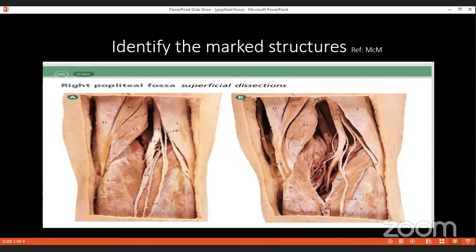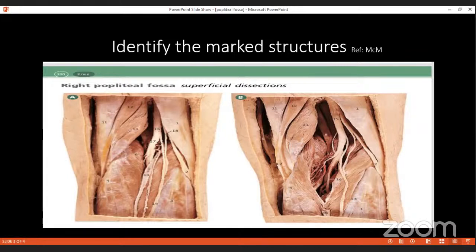Superiorly and laterally there is the biceps femoris, and superiorly and medially the semimembranosus and semitendinosus muscles. Inferiorly and laterally is the lateral head of the gastrocnemius, and inferiorly and medially is the medial head of the gastrocnemius. The roof is formed by the deep fascia, pierced by the short saphenous vein, and the floor is the posterior aspect of the knee joint and the popliteus muscle.